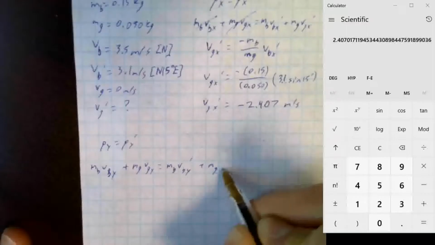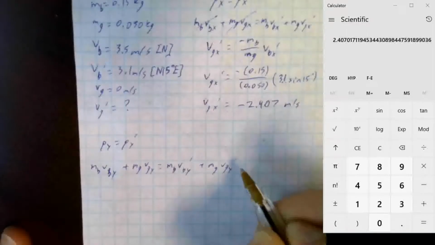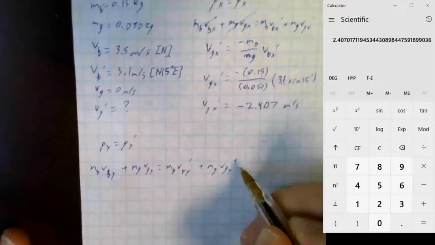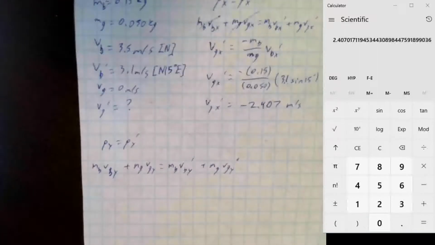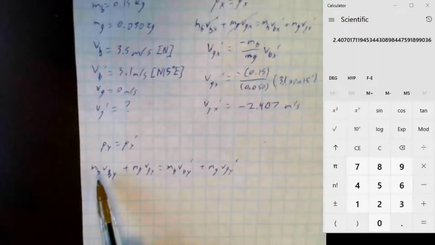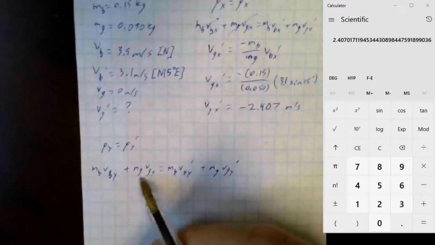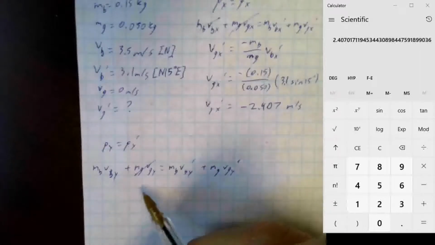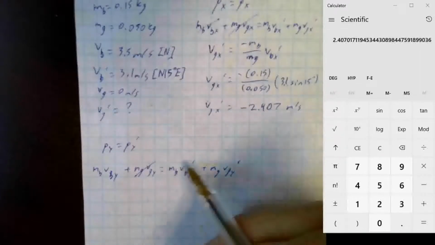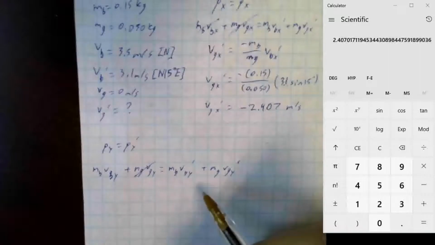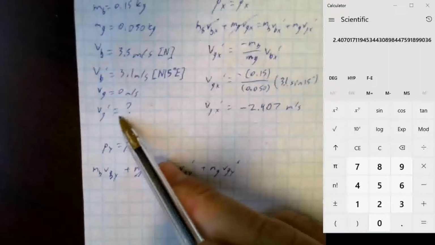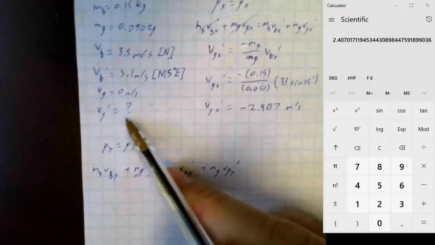But I recommend you do write them out until you start to get a full understanding of how to do these problems. So here my VBY is non-zero, but here my VGY is 0 because I have a stationary golf ball. Afterwards, I'm going to have non-zero values. And again, I have to solve for VGY prime.